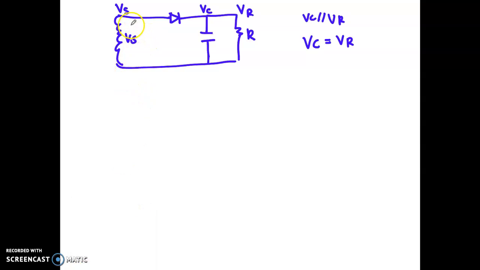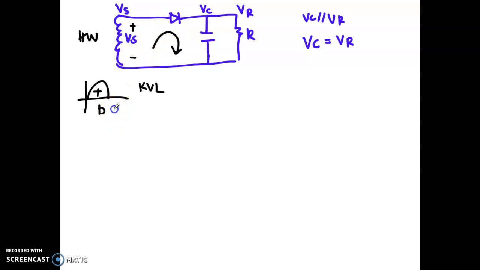Let's say here is plus minus. When you apply a positive cycle from your Vs, this is a half wave rectifier, right? So when you apply a positive cycle, here is plus minus. When you do the KVL, what will be the equation? Because now you need to check whether the diode is on or off.